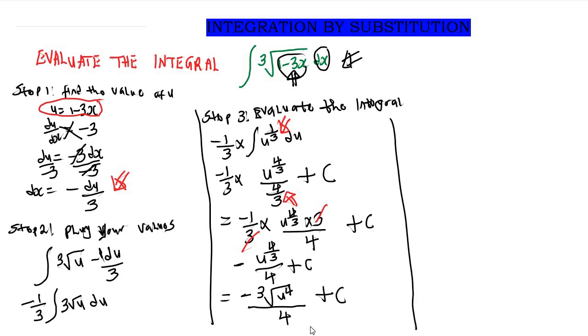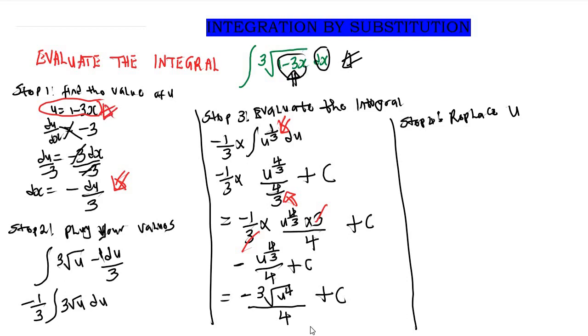Now the next step is you want to replace the value of u. Make sure you don't forget this. Replace u. Initially, we said u was equal to 1 minus 3s.